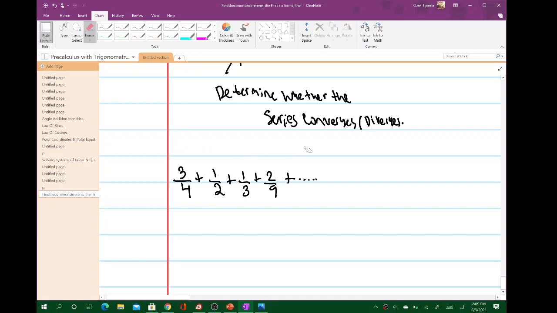Or actually, if I say determine if the series converges or diverges, and what I mean by series is a geometric series, right? Determine if the geometric series converges or diverges.